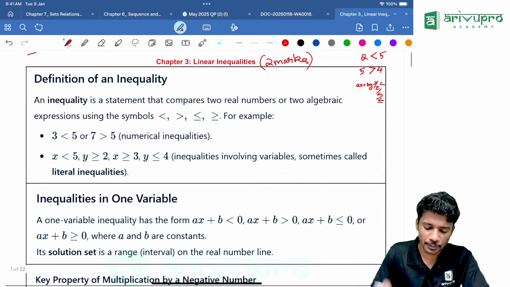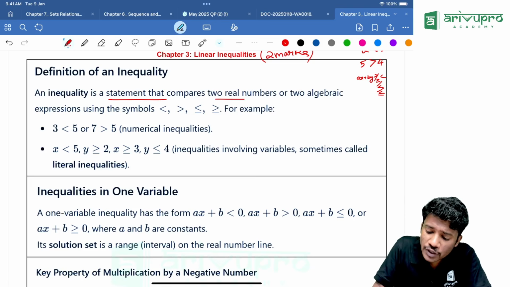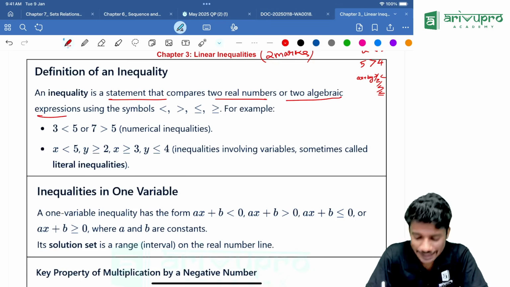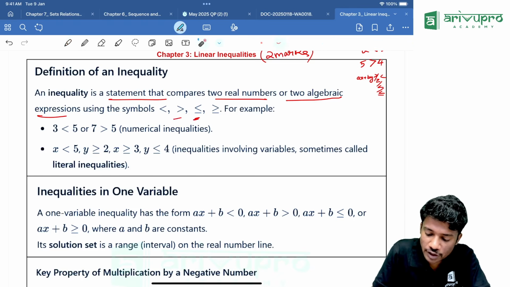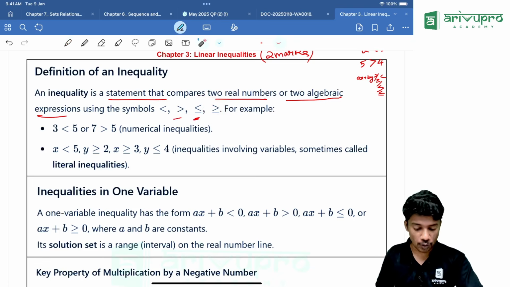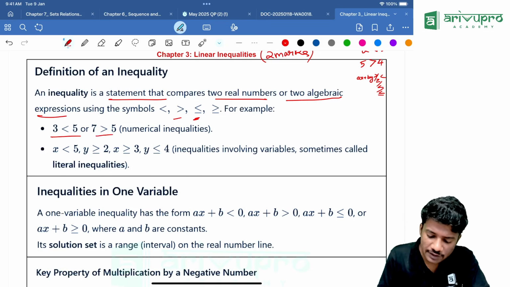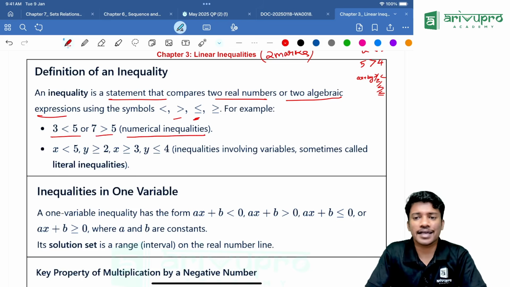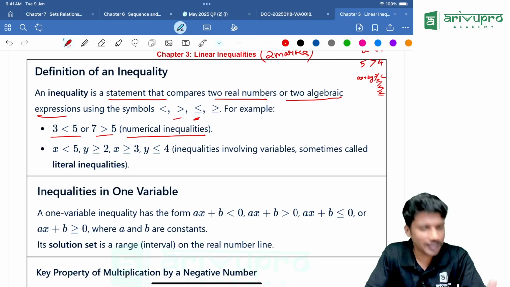Now look here, people. An inequality is a statement that compares two real numbers or two algebraic expressions using the symbols less than, greater than, less than or equal to, and finally greater than or equal to. For example, it is given here 3 less than 5 and 7 greater than 5. What is that? Numerical inequality. That is not linear inequality. We are calling it numerical inequality.